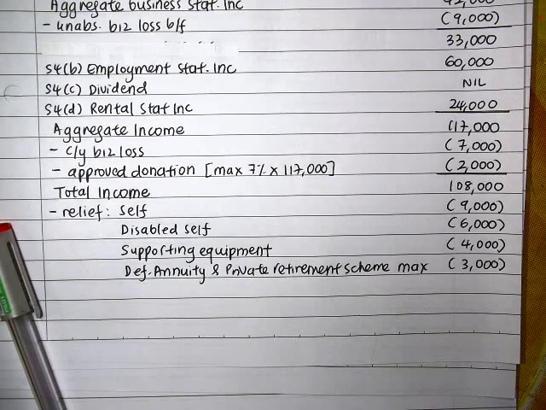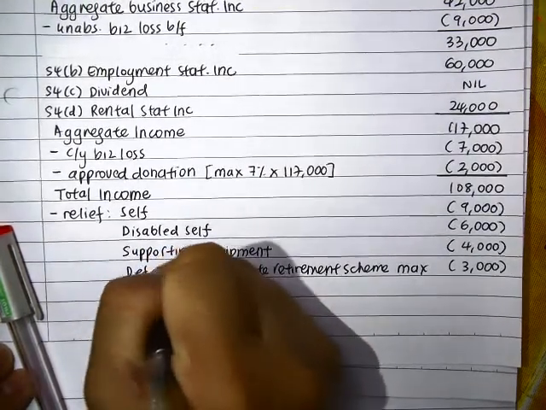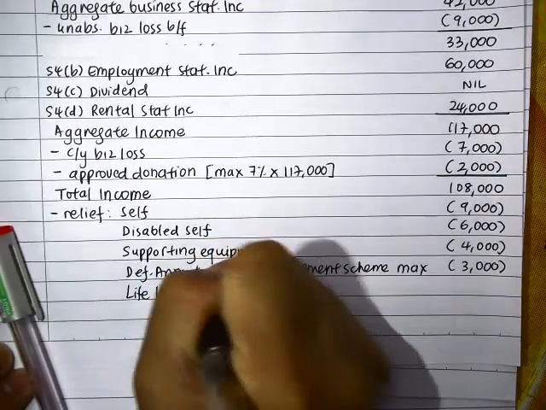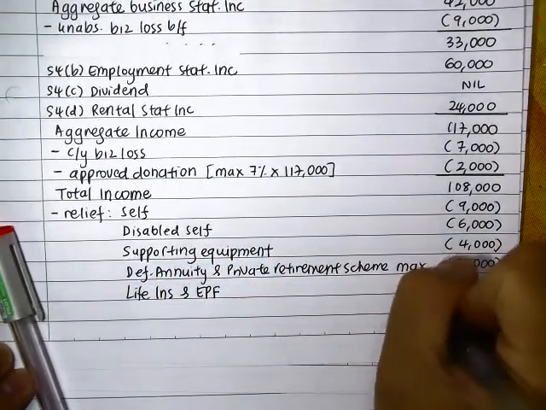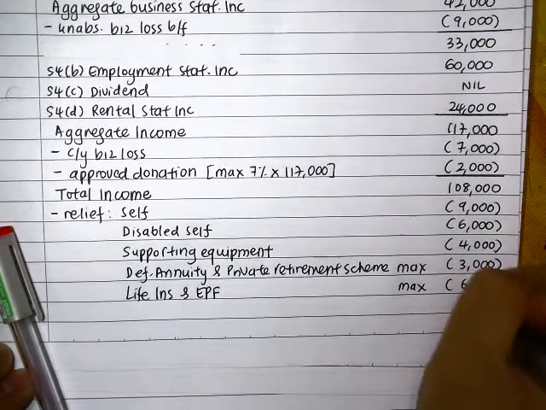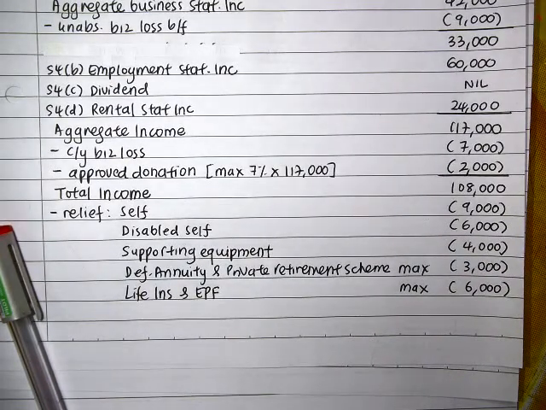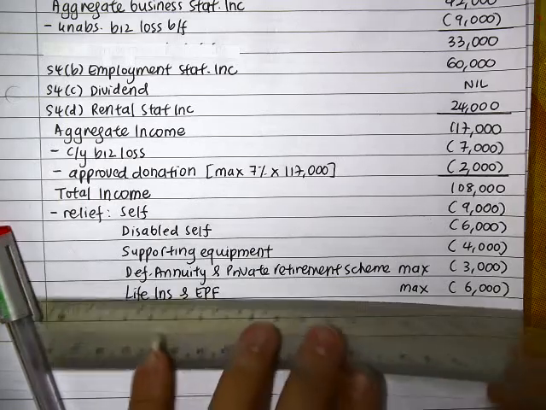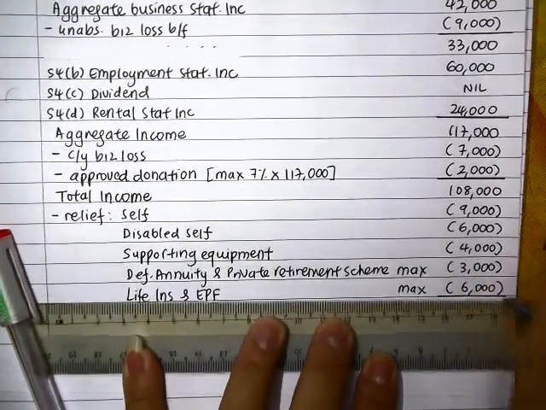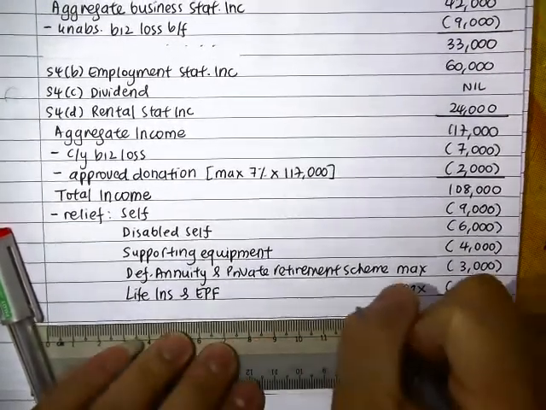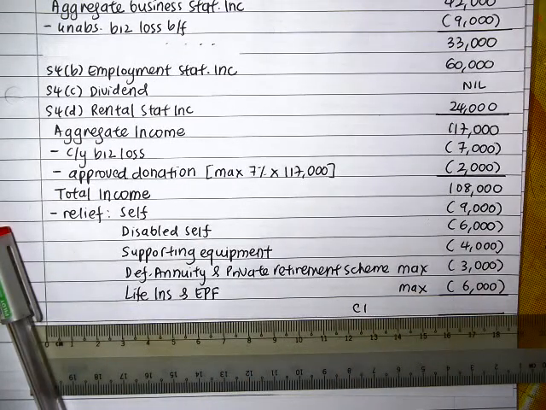And then life insurance you claim together with EPF. Again, maximum you get 6,000. Now that's all on the relief available for Kasim. So this is the chargeable income.